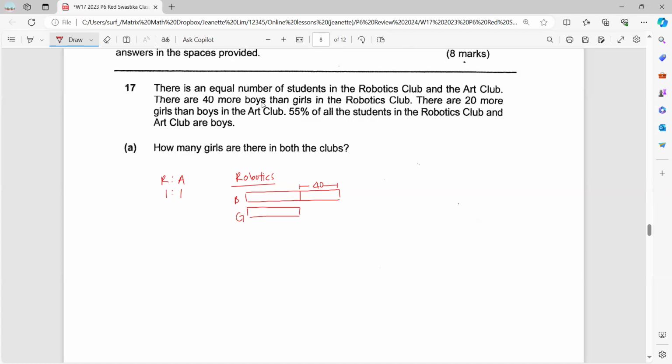Then in the art club, there are 20 more girls than boys. This time girls has more than boys by 20.